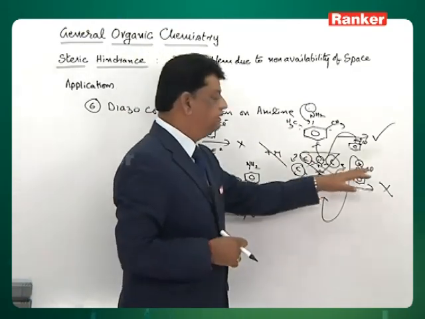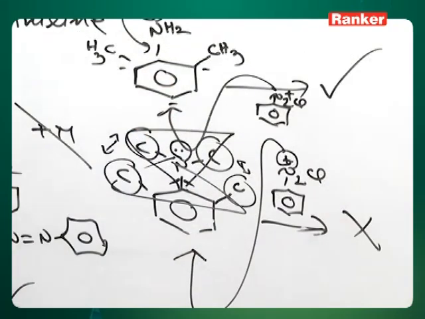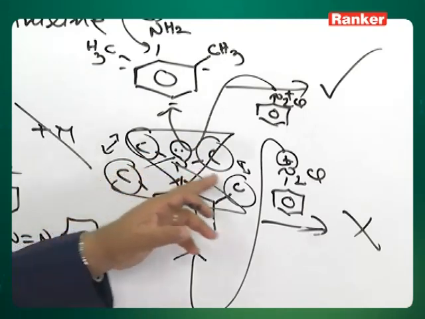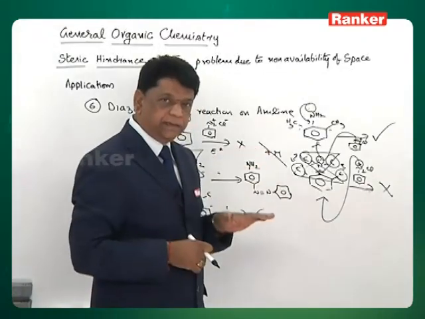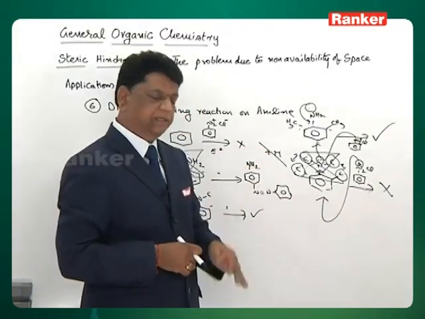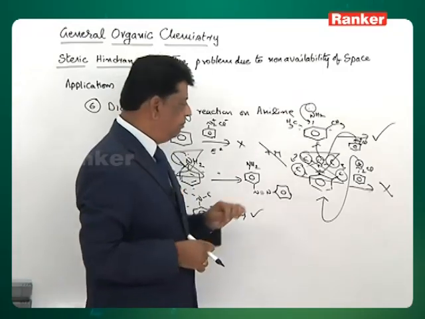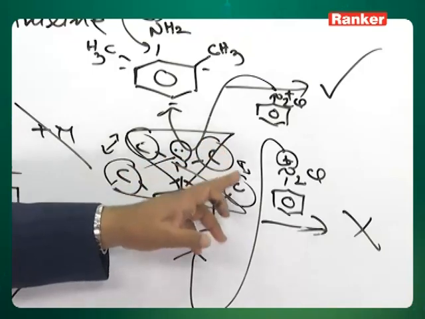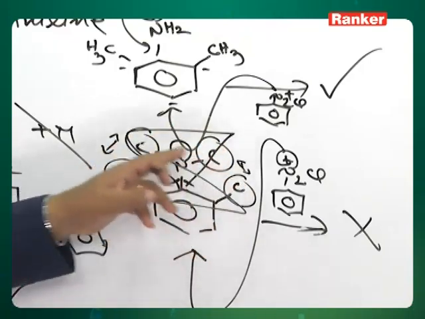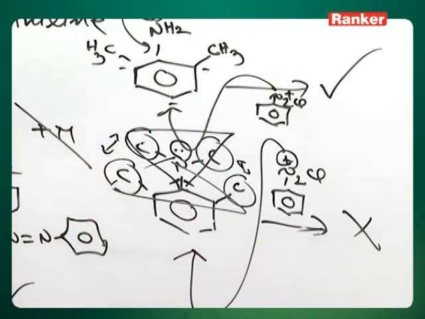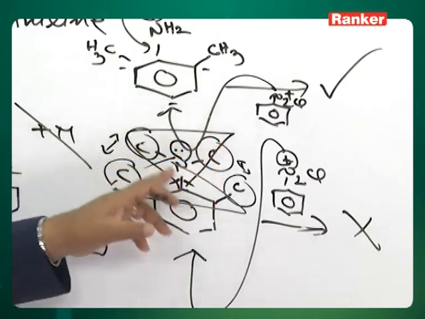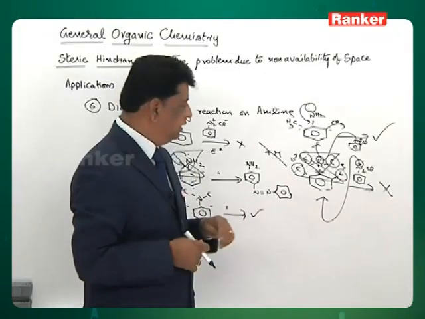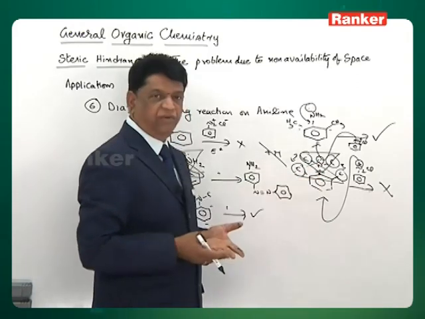That's why the reaction is failing. So the one-word answer: the nitrogen with two methyls and the benzene with two methyls create steric hindrance, therefore no reaction. Absolutely right. But how it influences is that the steric hindrance between these methyl groups rotates the plane of the nitrogen and the benzene perpendicular to each other, so that there is no pi bond formation.